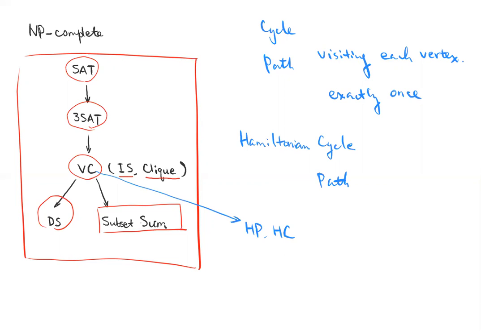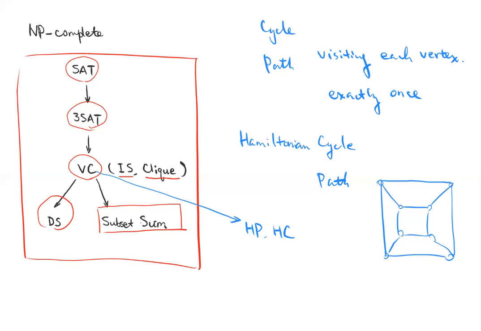Of course, for a cycle, you can say one vertex is both the starting point and the ending point. You can count it twice, but it is actually regarded as once. I will give you an example, then you will see what I mean.